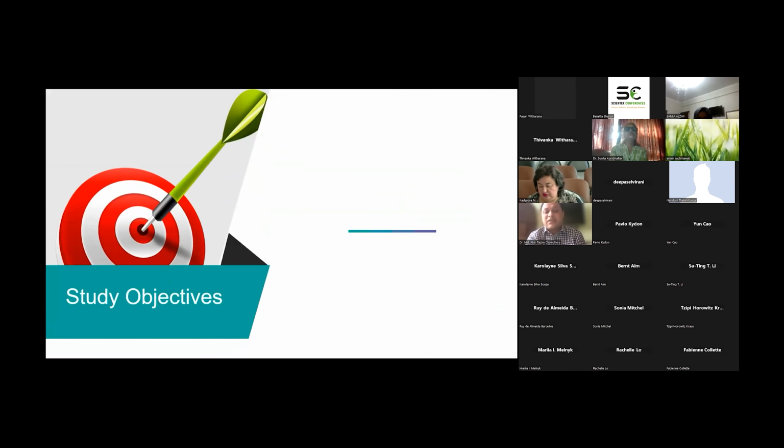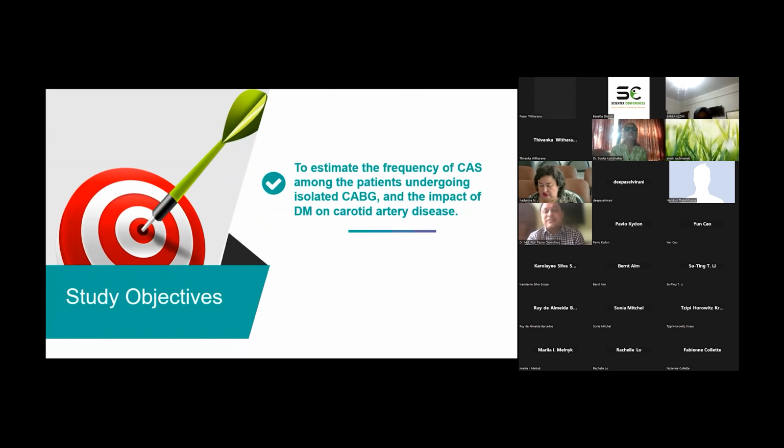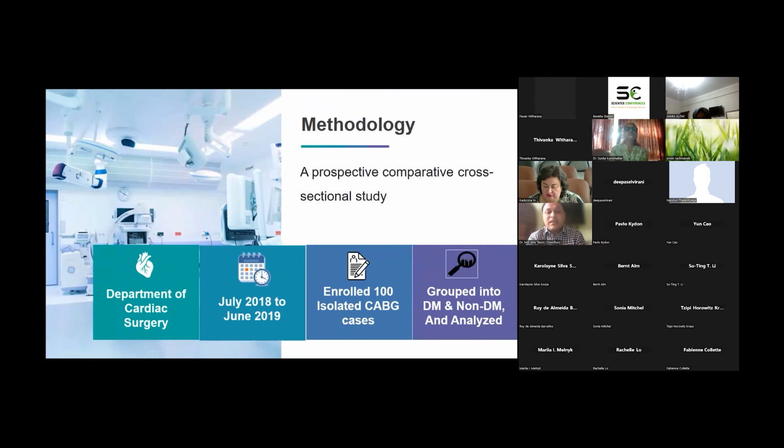So with this background, our study objective was set, and it was to estimate the frequency of carotid artery stenosis among patients undergoing isolated CABG and the impact of diabetes mellitus on carotid artery disease. This study was approved by the concerned departmental academic and technical committee and followed the guidelines outlined by the Declaration of Helsinki.